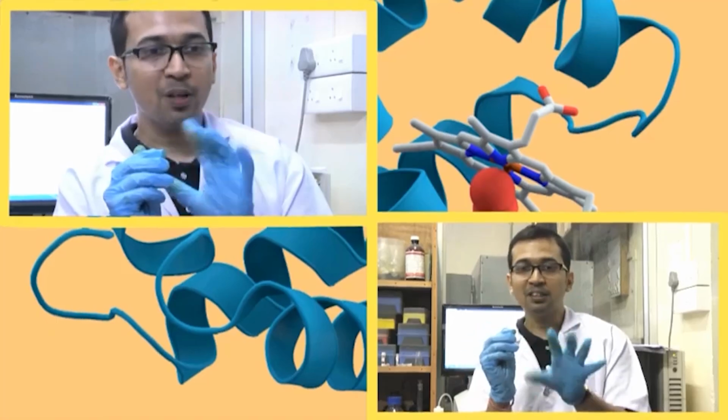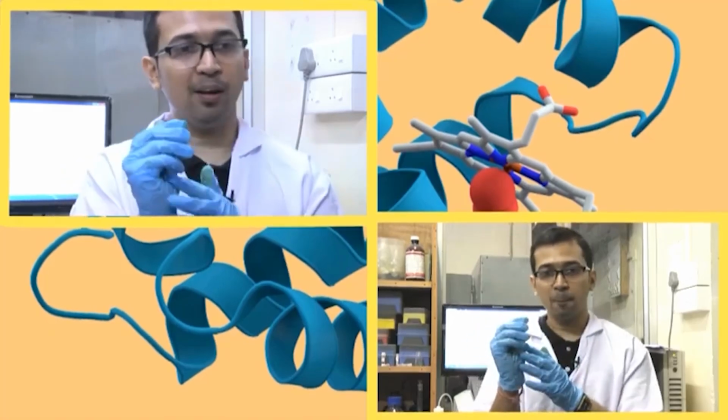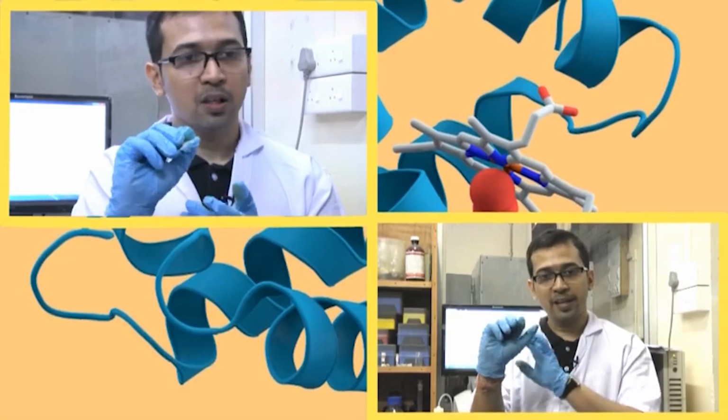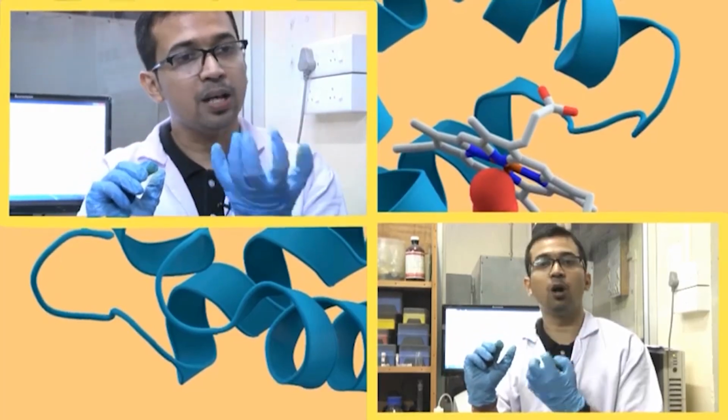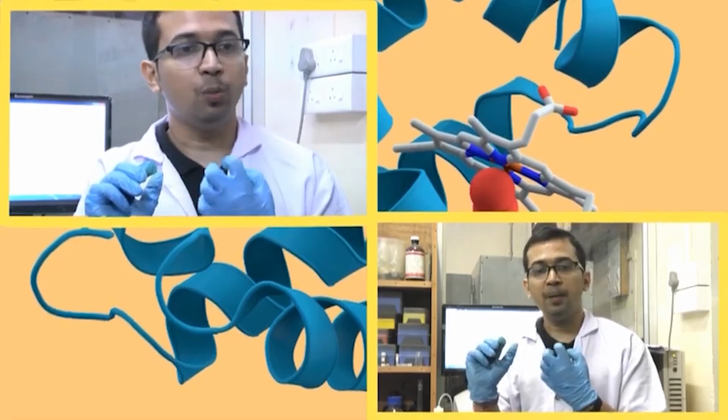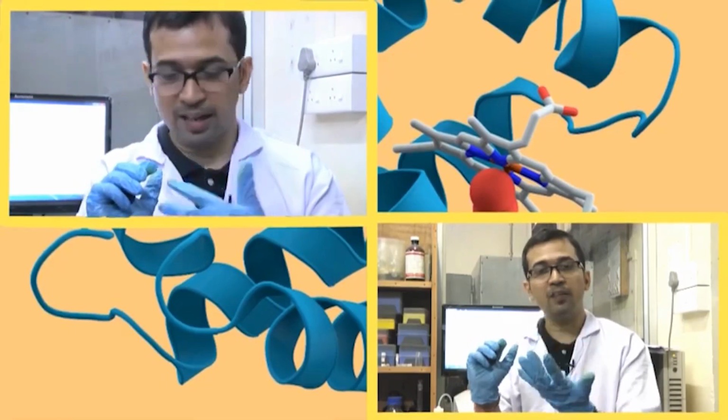Here you can see more or less my hand only, and you can't see the gallic acid anymore, or rather you can see a small portion of it. So when the protein is bound with this ligand, only a small part of this ligand is exposed, so the entire ligand cannot absorb. The absorbing power of this ligand decreases because it is not exposed to the UV light, and as a result its absorbance value decreases.